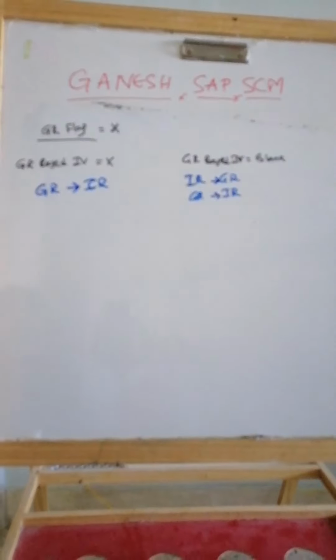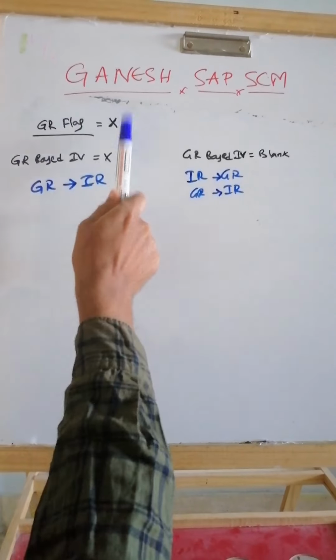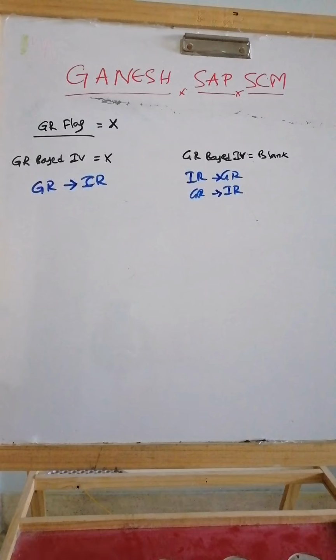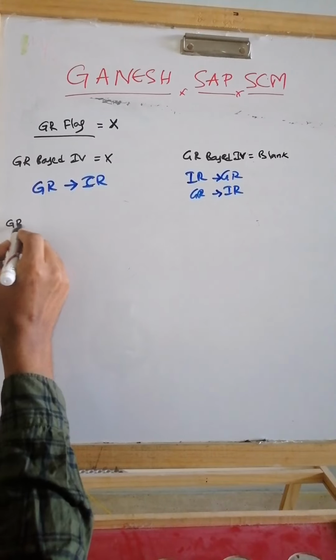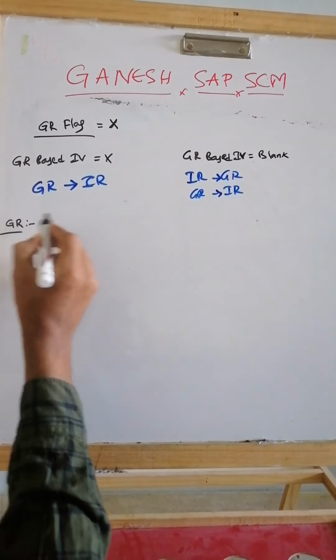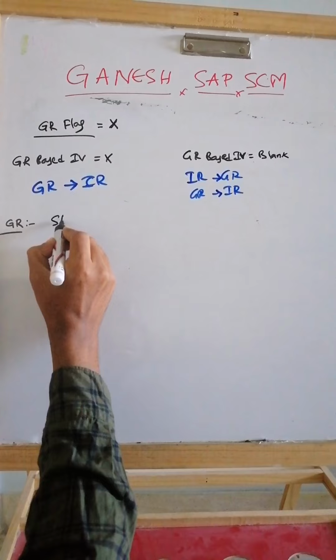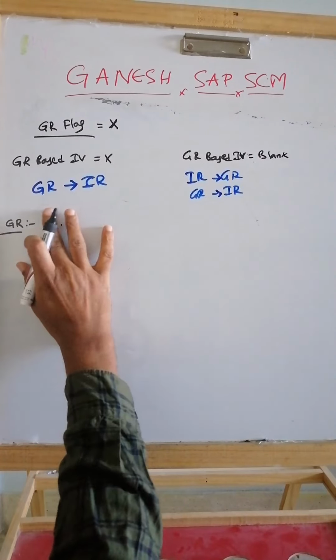Okay. Now coming to the accounting entries, we have a GR flag X. So GR IR clearing account 100% will come, okay. So if you do GR first, let's take it, then we are talking about consumption, right?